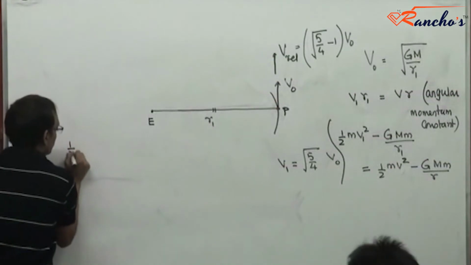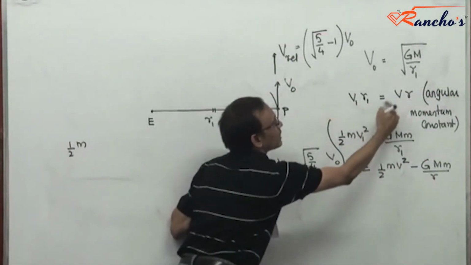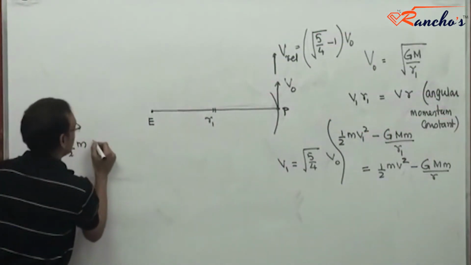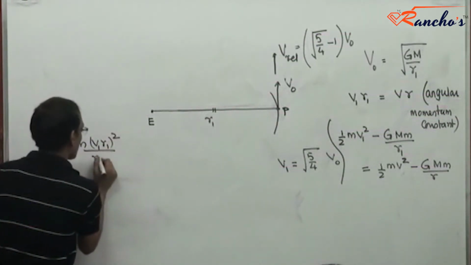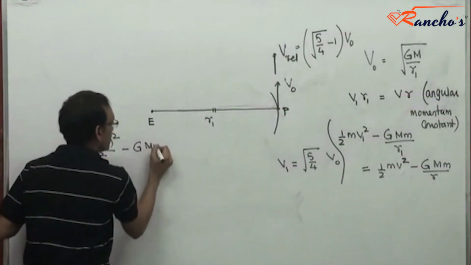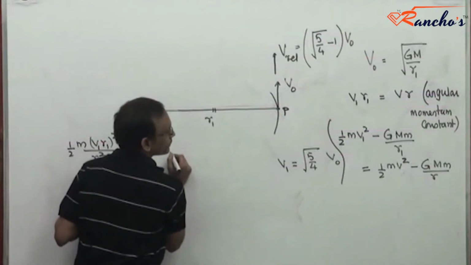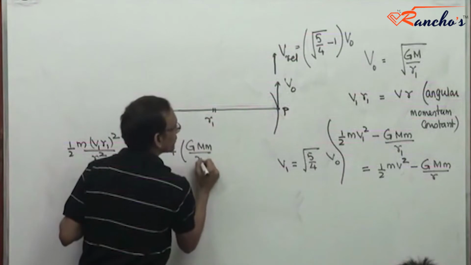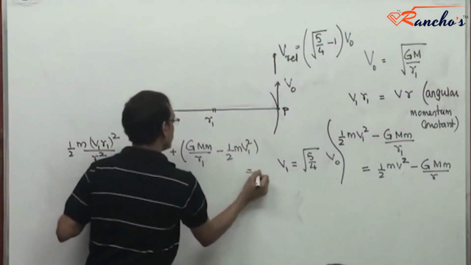Half m v1 squared r1 squared by r squared, minus GMm by r, plus GMm by r1, minus half m v1 squared equal to 0.